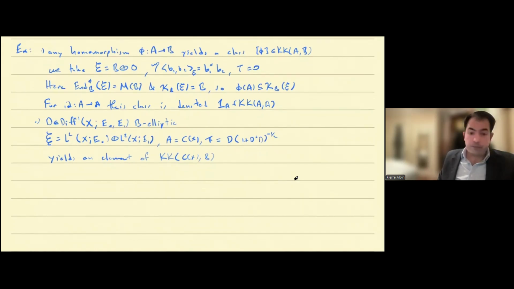Okay, the real strength of KK theory comes from the Kasparov product.